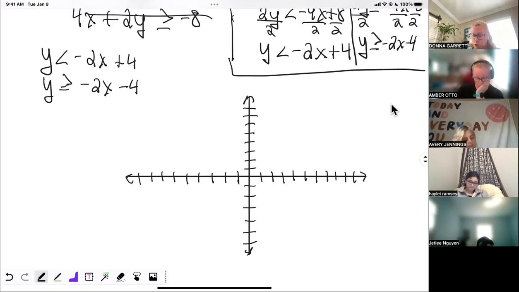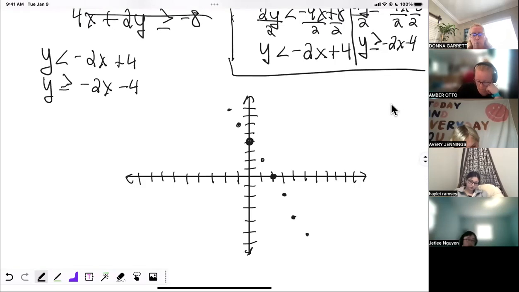The first one, we start at 4. 1, 2, 3, 4. There's my y-intercept. Slope is -2, so up 2 to the left 1, up 2 to the left 1, down 2 to the right 1, down 2 to the right 1, a few more. This is hard to do freehand without grid paper.